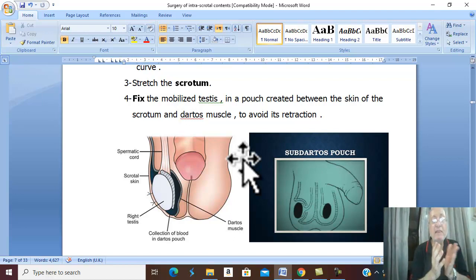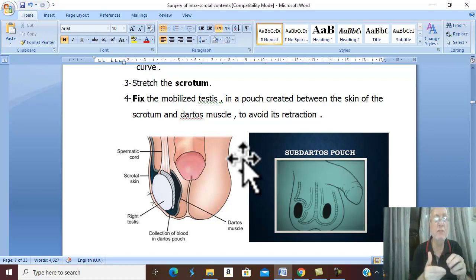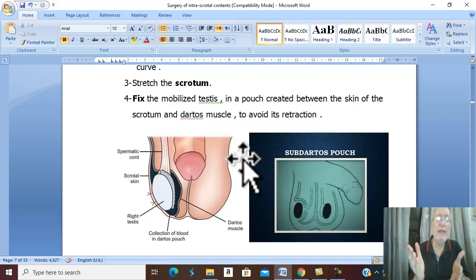How to elongate the spermatic cord? We elongate the spermatic cord by division of any fibrous adhesions or any coverings that obstruct the inguinal canal, or any small branches from the testicular vessels to the surrounding structure.